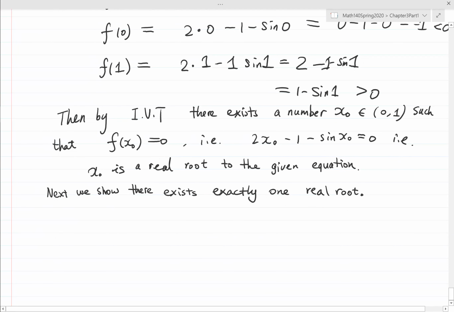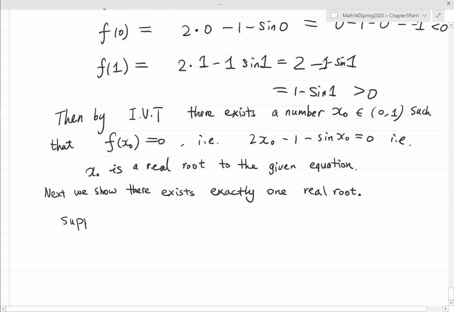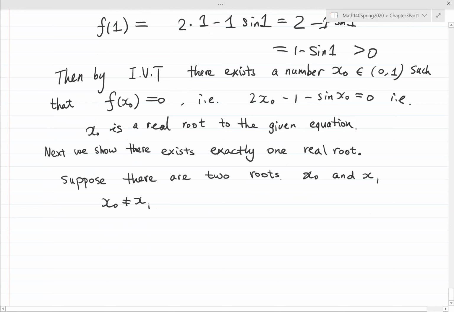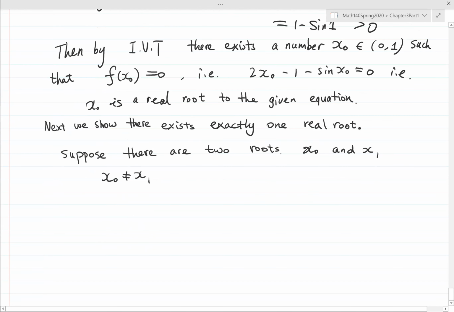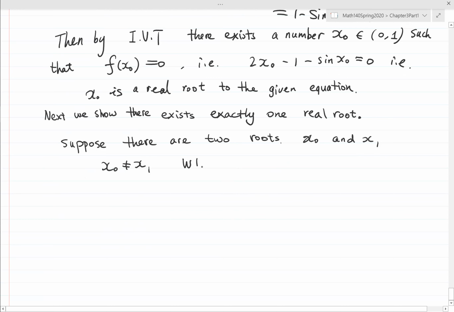Suppose there are two roots, x0 and x1, where x0 is different from x1. Assume without loss of generality that x0 is less than x1.